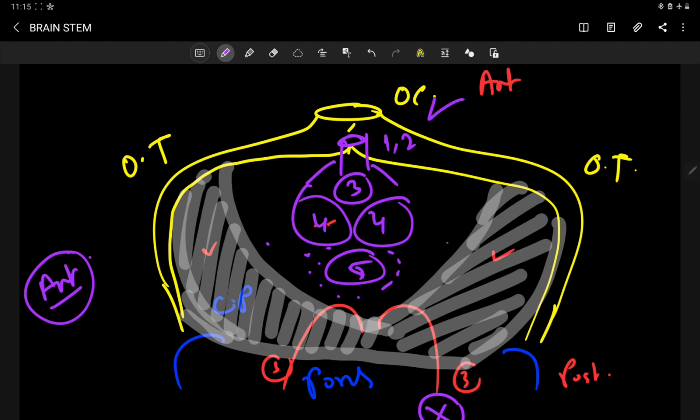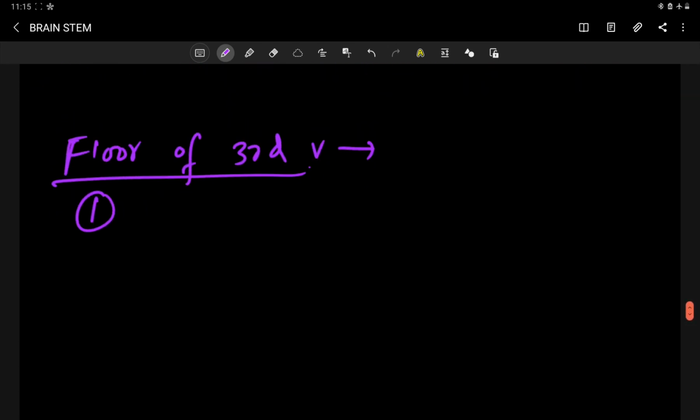Let's start from optic chiasma: infundibulum, pituitary, tuber cinereum, the mammillary body, posterior perforated substance, everything here, and additionally the tegmentum of the midbrain. Just add one thing.